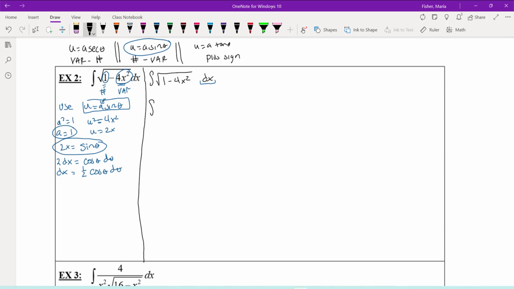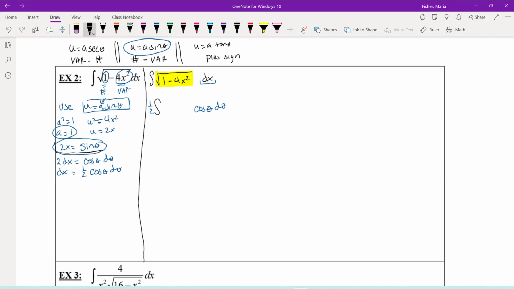Thus far, I can rewrite this part here as 1/2, and we know that 1/2 we can factor out of the integral, and this guy will just be cosine of theta d theta. Now what I need to do is make the triangle so I can figure out how to get rid of this guy right here, the square root of 1 minus 4x squared.